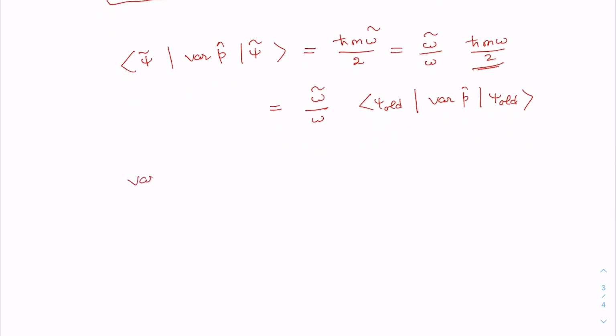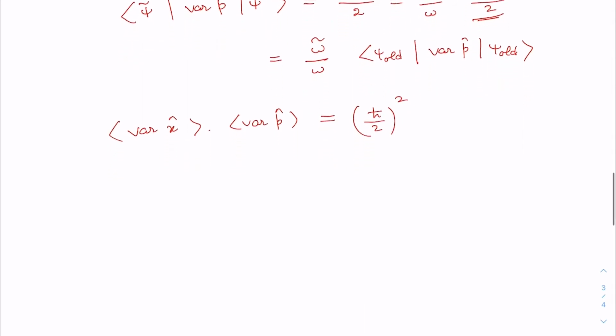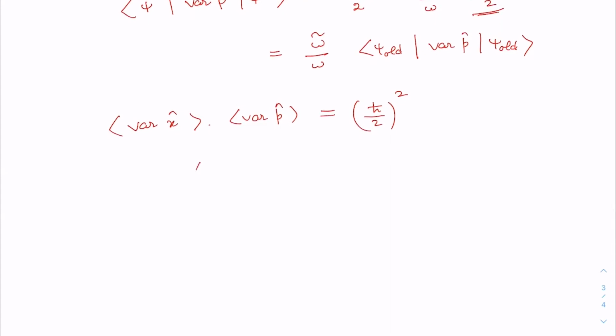However, you should note that the product of the variance of the position and the variance of the momentum is constant, and that is (h cross by 2) whole squared. This is the same as for the original unsqueezed harmonic oscillator, which means that the uncertainty product, delta x into delta p, is equal to h cross by 2, and this is still preserved.